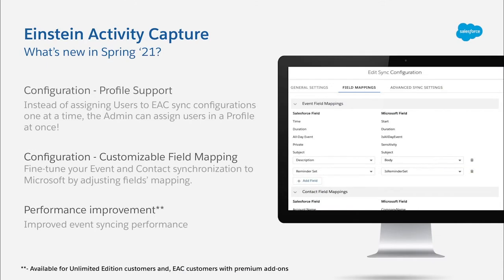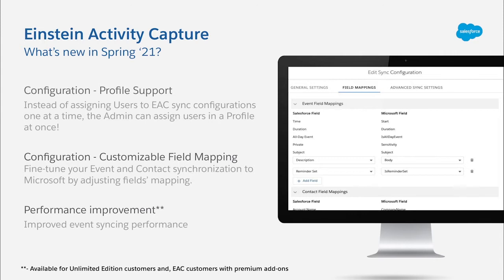In addition to Salesforce Meetings, another productivity boosting friend of yours in this digital era is Einstein Activity Capture. And we are back with yet another set of exciting features this release. With our latest profile support, your job of maintaining sync configurations, specifically the adding and removing of users, becomes faster and more automated.